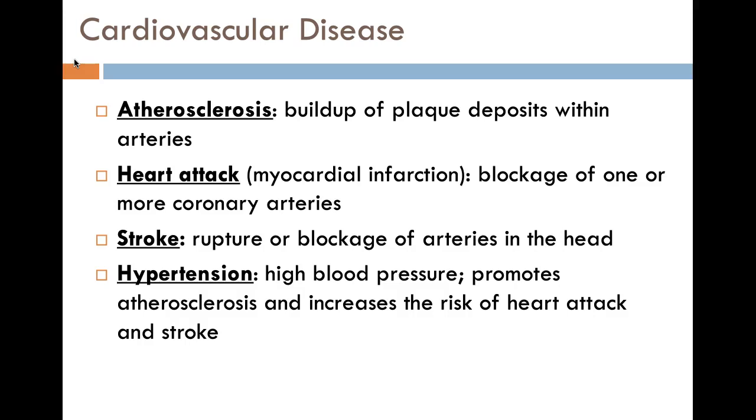The next kind is hypertension, another name for high blood pressure. Having high blood pressure, unfortunately, promotes atherosclerosis and increases the risk of heart attack and stroke. If you have high blood pressure, there are medications, and diet can be changed so that it doesn't lead to those things I just mentioned.